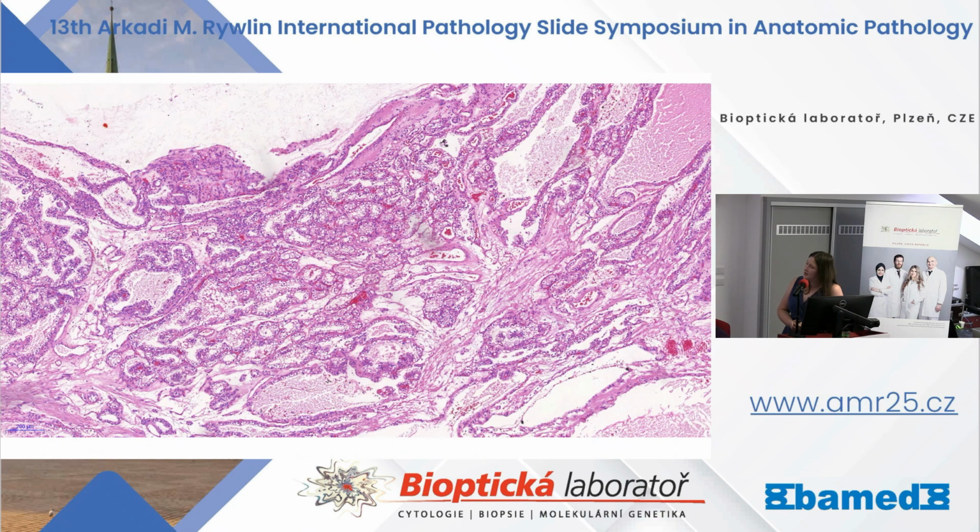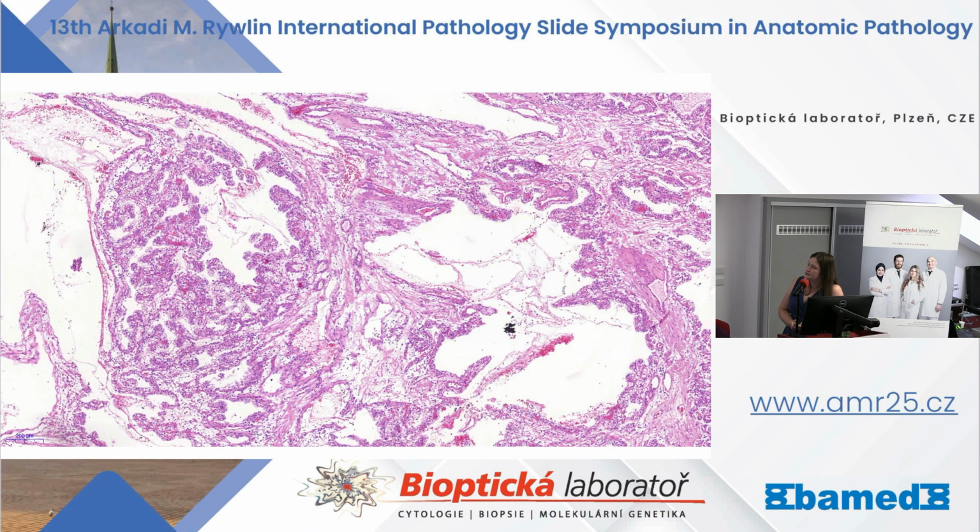However, you can note that in between these cells, in between these acinar structures, you can find muscular bundles, and it is in the whole. It is a component of the whole tumor.